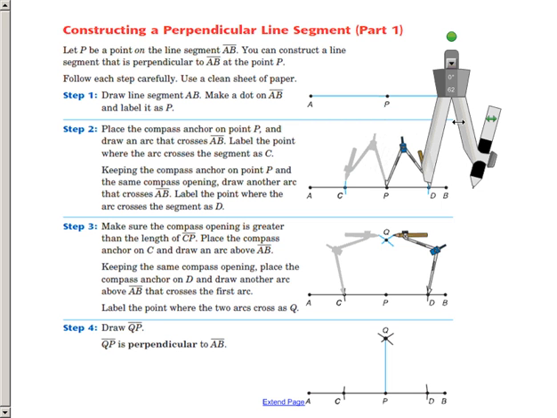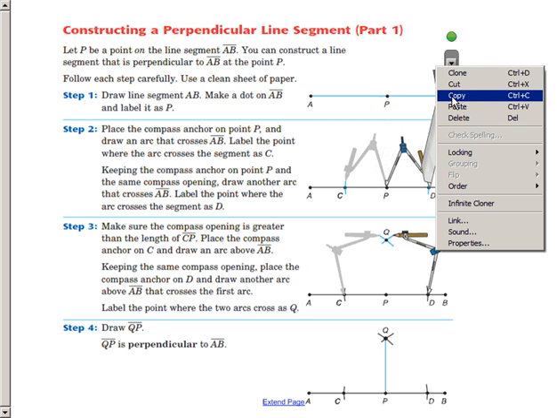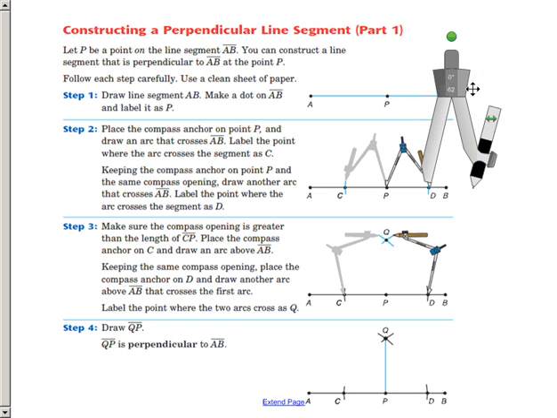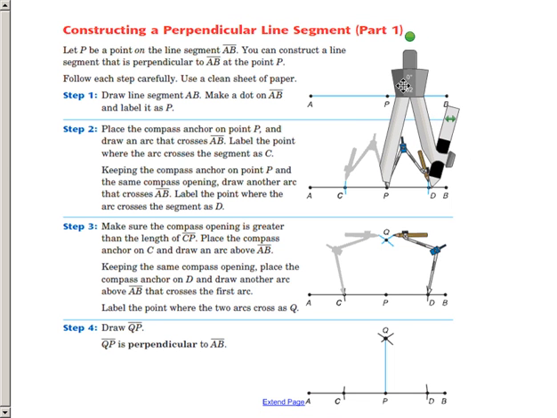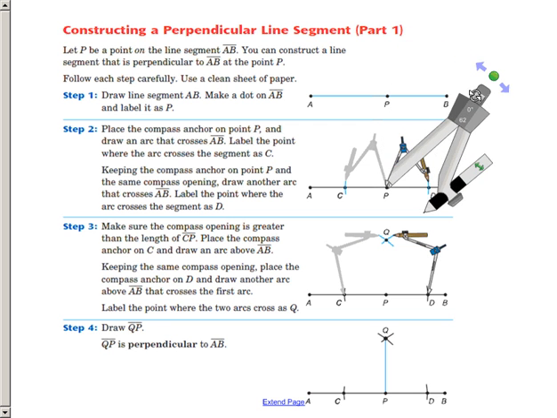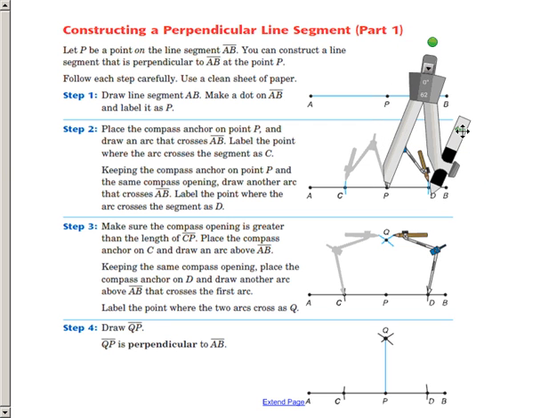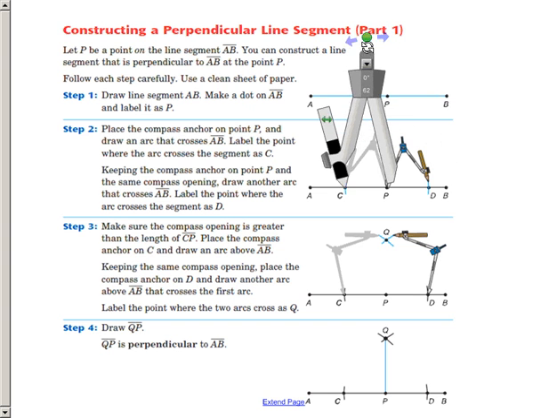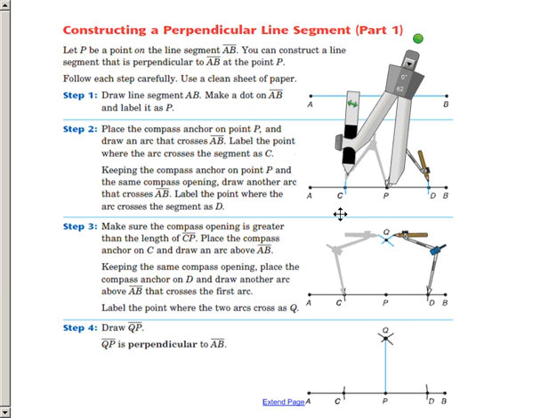Okay, and the anchor needs to be moved over here. So I'm going to make an arc here. I'm going to make an arc there, and I'm going to label those C and D.